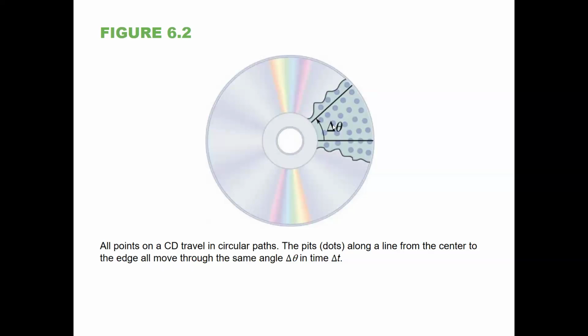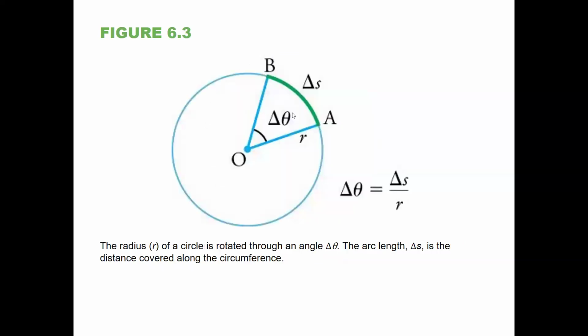So the unit for the angle made by my initial and final position, this angle theta, which is delta s divided by r, is the radian. The radius r is the axis, the beginning, the center of my circle, and the radius r of a circle is rotated through an angle theta.